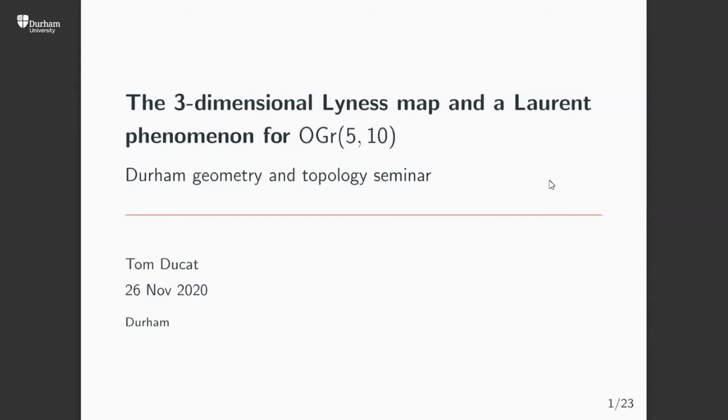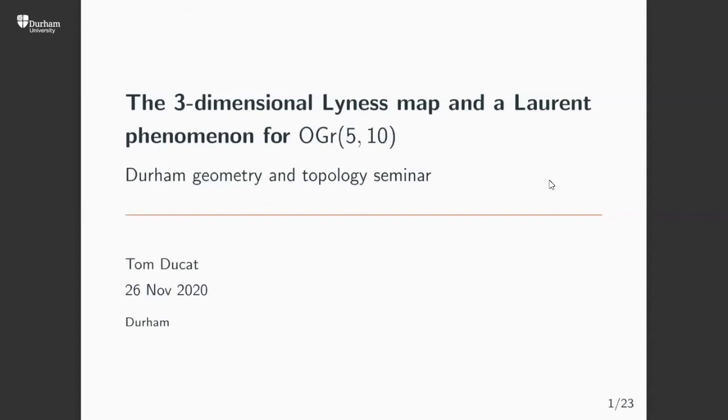So hopefully I won't say anything too difficult or technical, but I just wanted to give you a very brief overview of something that I think is very pretty, and that is to do with the geometry of this map called the three-dimensional Lyness map, and how it's related to a homogeneous space, which is the orthogonal Grassmannian OGr 510.